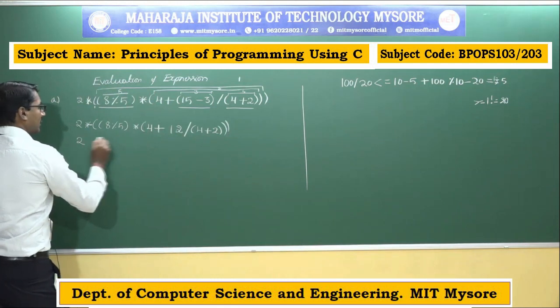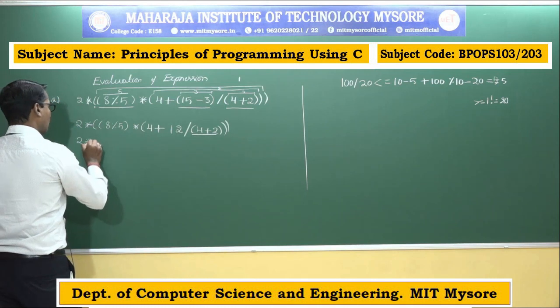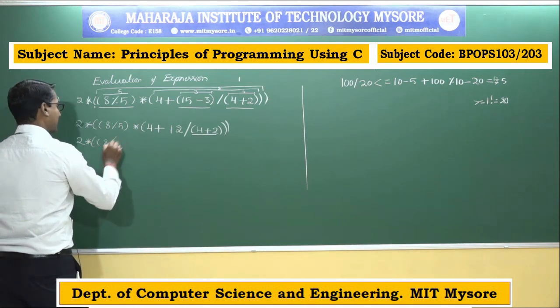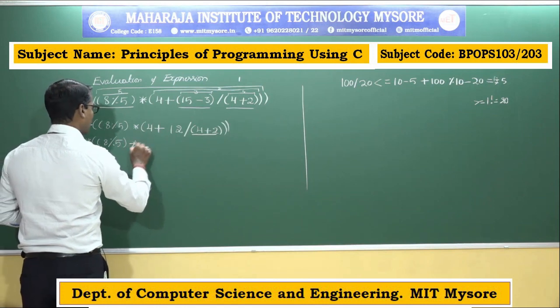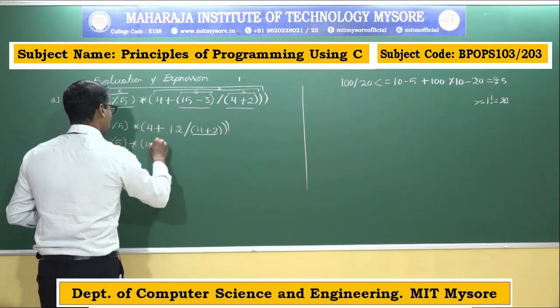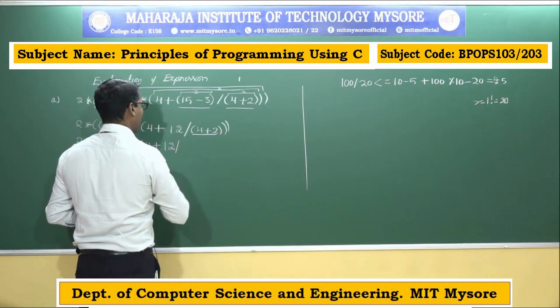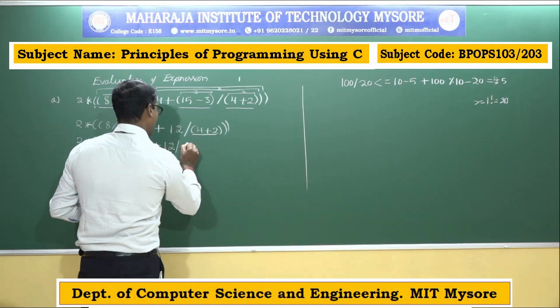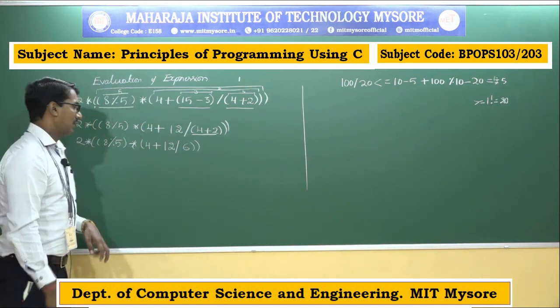Next, here there is one more inner expression, that is 4 plus 2. 8 modulus 5 into 4 plus 12 divided by 4 plus 2 is 6, close bracket and close bracket.